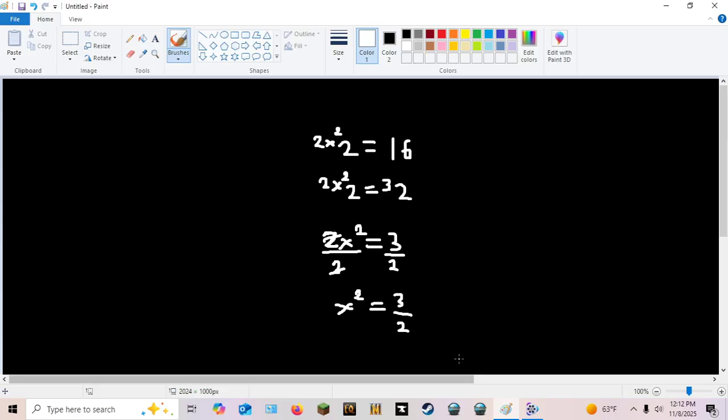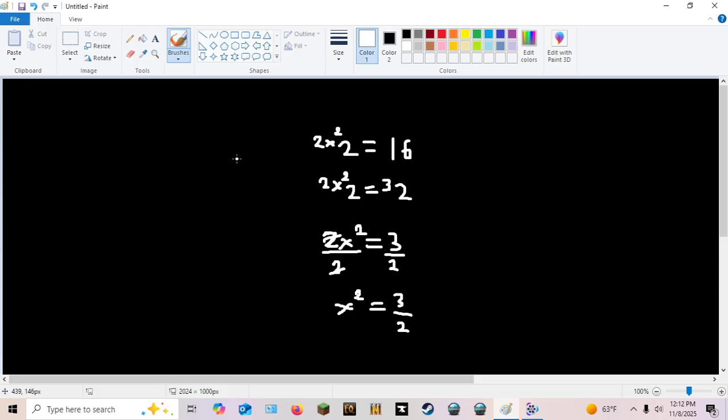But when you plug it in, 2 times 3 over 2, the 2's will cancel, giving us 3. Hold on. I can replace x squared with 3 over 2.